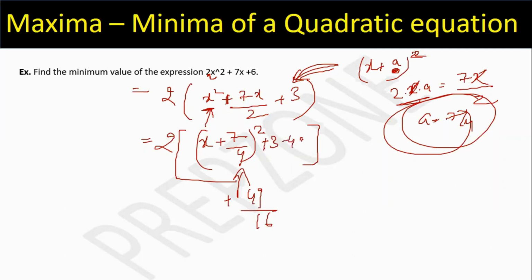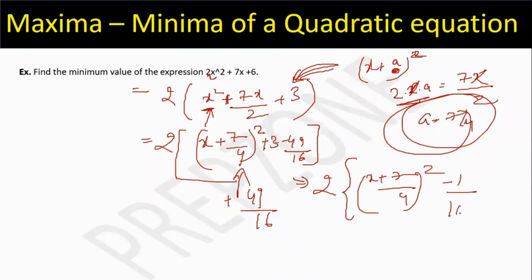You will have to subtract 49 by 16 from here, so that this 49 by 16 and that 49 by 16 will get cancelled and you will essentially get the same thing. So this is how you expand this and form it as a perfect square. Now if I just simplify this, what is this? Twice of x plus 7 by 4 whole square. How much does this come to? 16 into 3 is 48, minus 49 by 16. This is nothing but minus 1 by 16, right? So this is your expression.